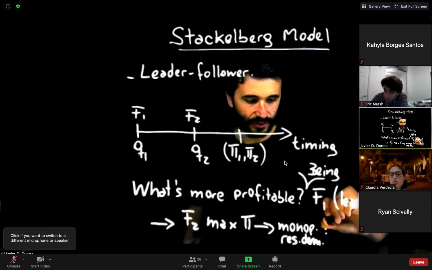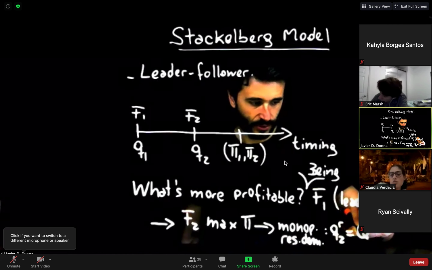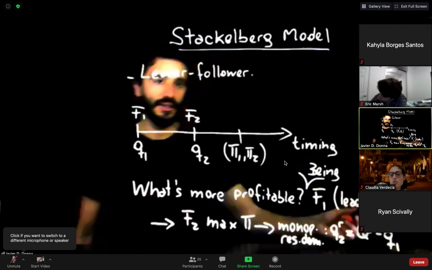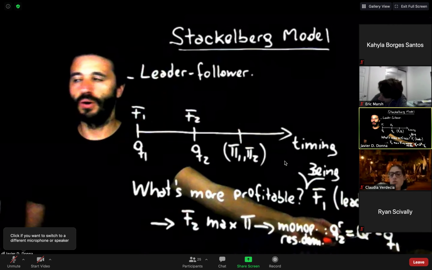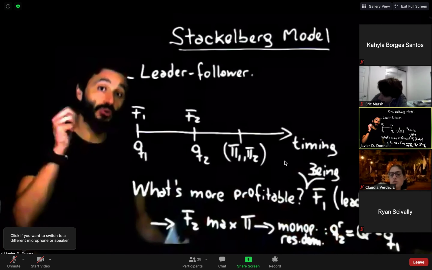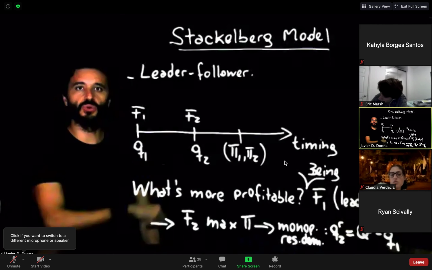And what's the residual demand? The residual demand for Firm 2 is going to be the total demand minus the Q1 that Firm 1 played. By producing some Q1, you are conditioning what Firm 2 can and cannot do.